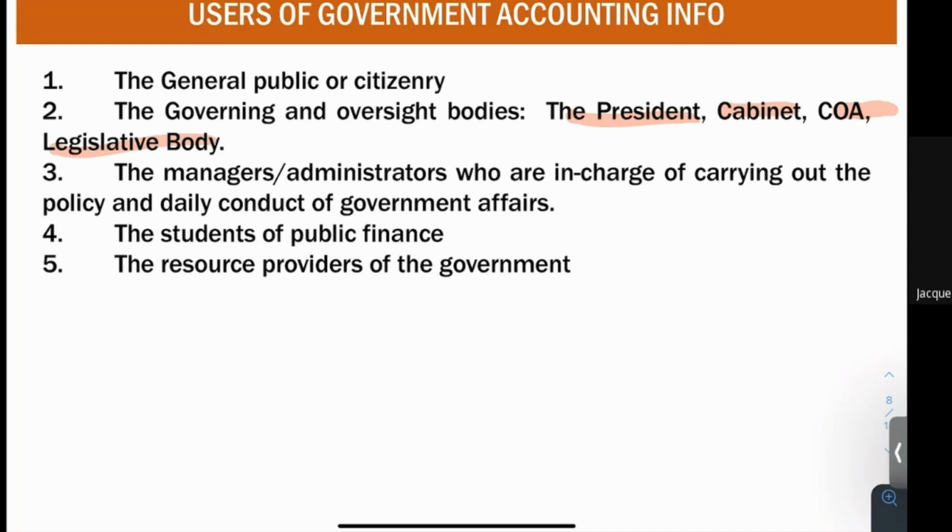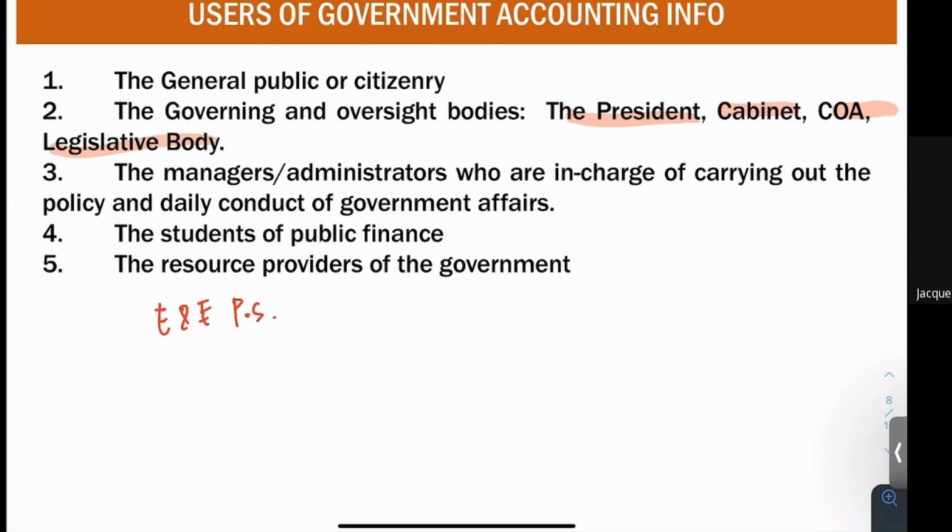Third, the managers or administrators who are in charge of carrying out the policy and daily conduct of government affairs. So why are they considered users? Because we said one of the objectives of the government is for efficient and effective public service.